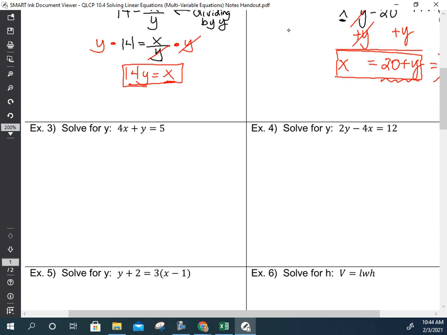Problem 3. Problem 3, we're going to solve for y. Solve for y means we need to get rid of the x.